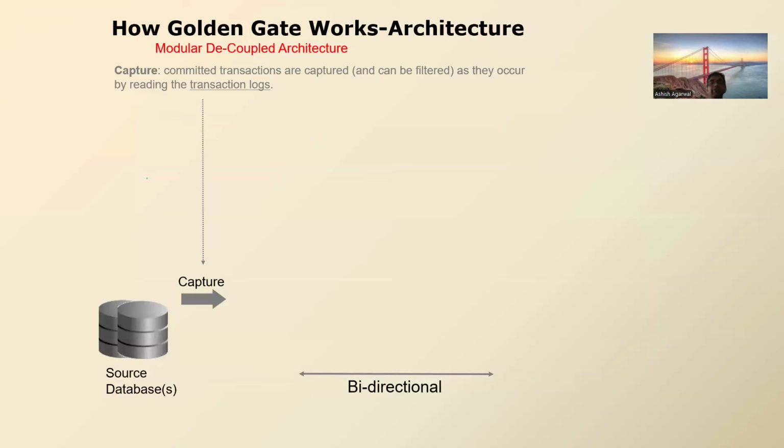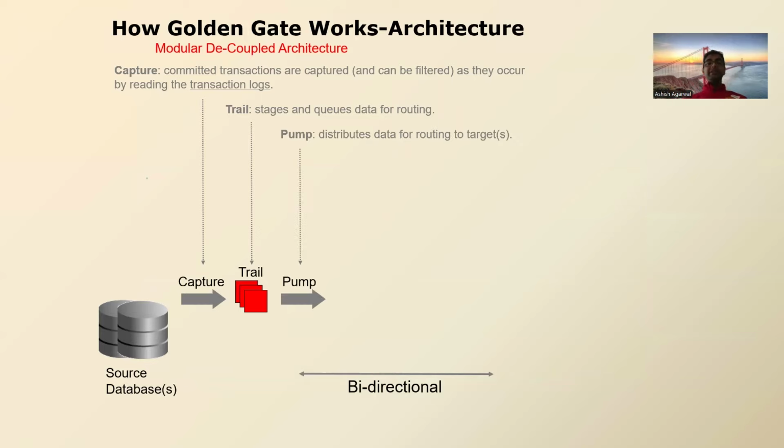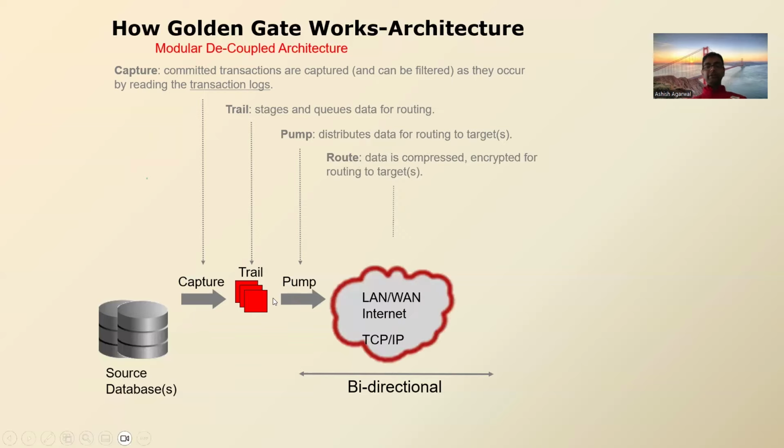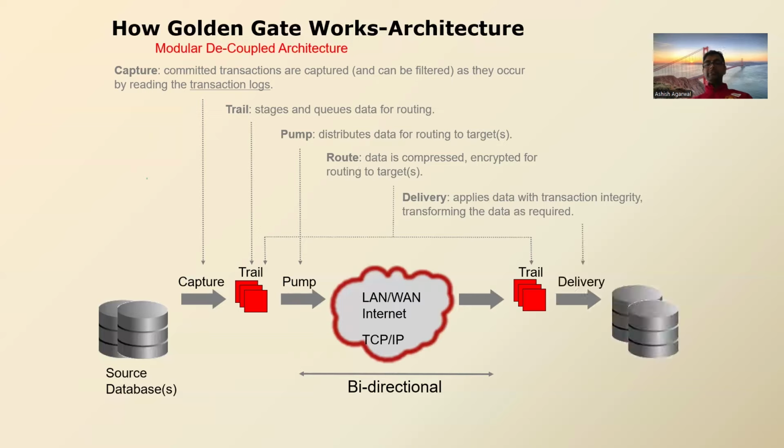So this is the data flow, how it happens. The extract process reads the transaction logs and captures the committed transactions. Once the transactions are captured, it writes the data to the local trail file. Once the data is available in the local trail file, the data pump process reads the data from the local trail, sends it over the TCP/IP network, and writes it to the remote trail file.